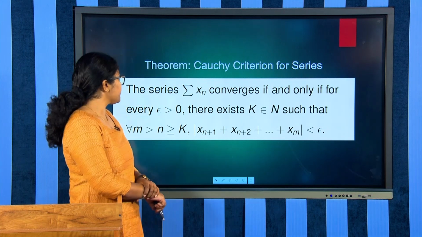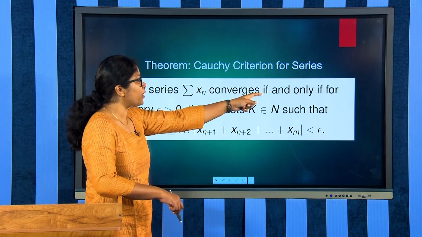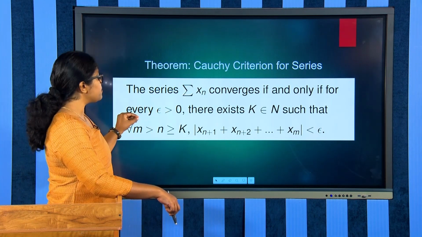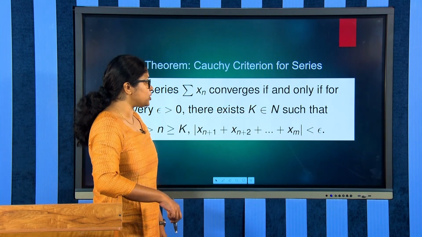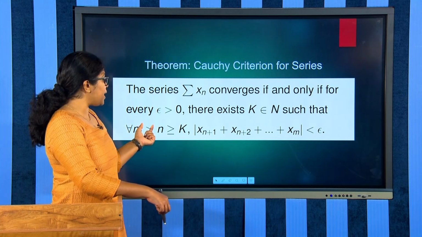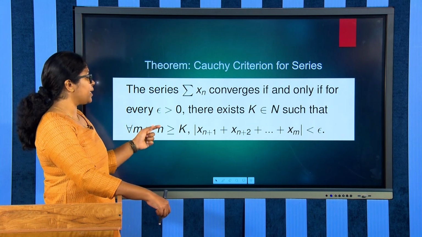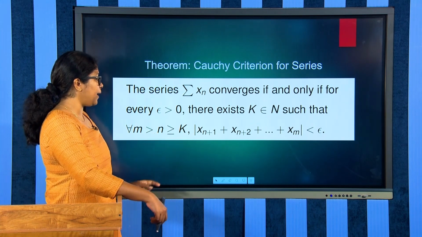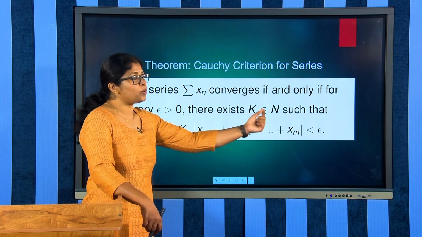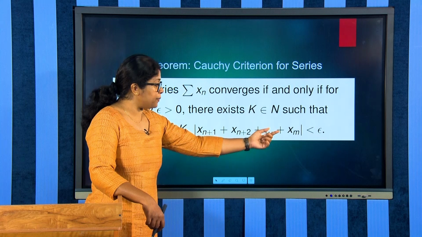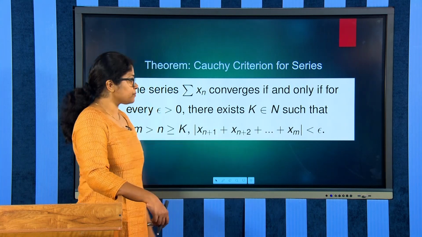The series summation xn converges if and only if for every epsilon greater than 0 there exists a natural number capital K such that whenever n and m are greater than or equal to K, where m is assumed to be greater than n, the modulus of the n plus 1 up to m terms of the series is less than epsilon.